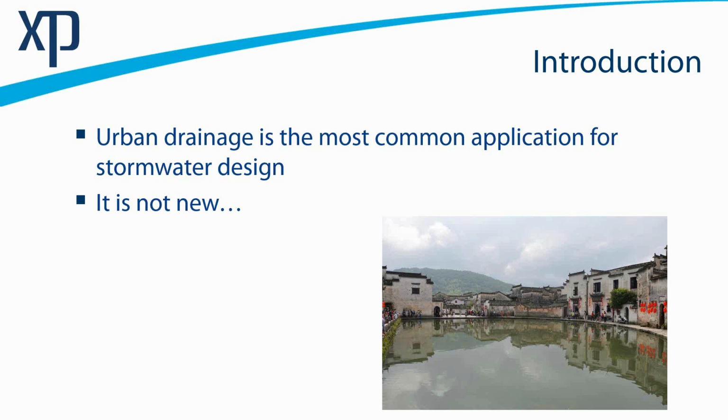This urban development area is about 700 or 800 years old, and a very, very complicated urban drainage network. Very, very clever. And they didn't even have XP Solutions products to work all that out. So it's good to see that urban drainage is very important. It's been recognised throughout history that we do need to deal with stormwater.